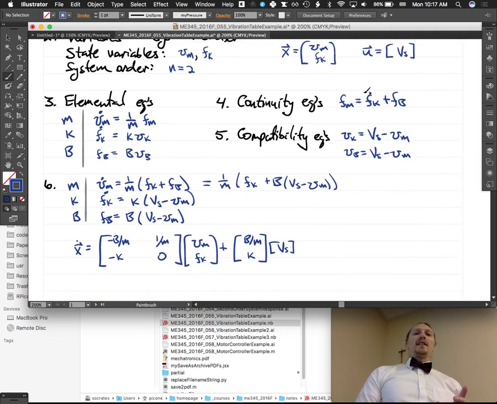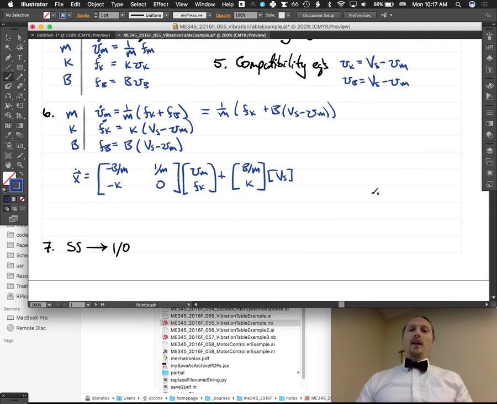If we wanted to be very careful, we could say y1 is equal to Vm. Now, we need to write whatever that output is in terms of state variables and inputs. Conveniently, Vm is a state variable. So that's pretty great.